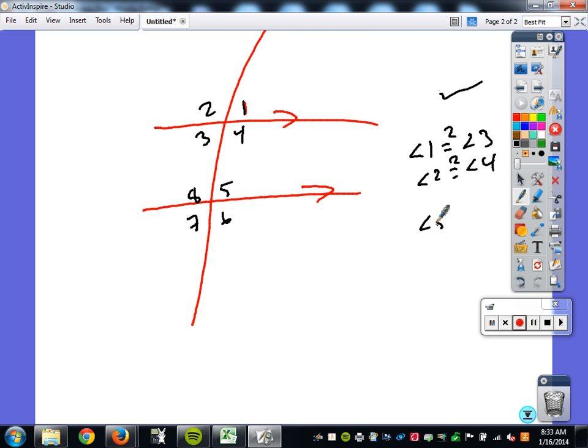Angle 5 is congruent to 7? Okay. And 6 is congruent to angle 8. Is everybody okay with that? Can you see those ones are being congruent because they're vertical angles? Yes, no, maybe so. Does everybody understand what a vertical angle is? When two lines intersect, they're on the opposite sides or the opposite points, right?